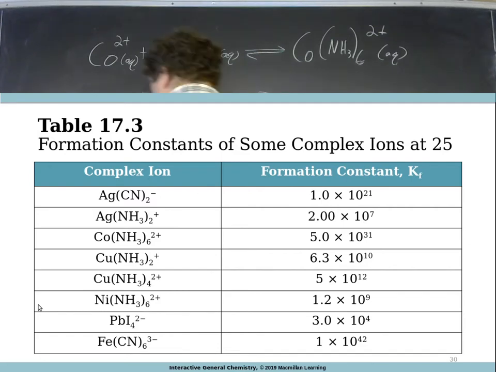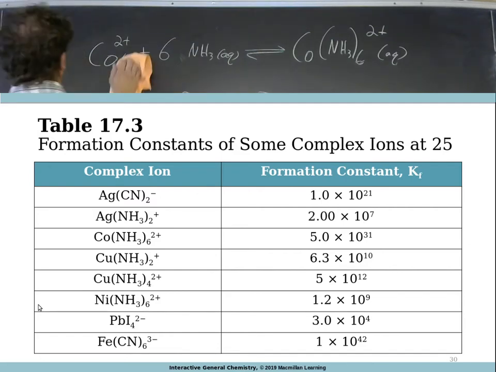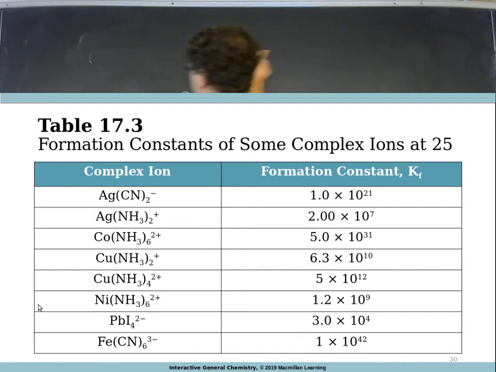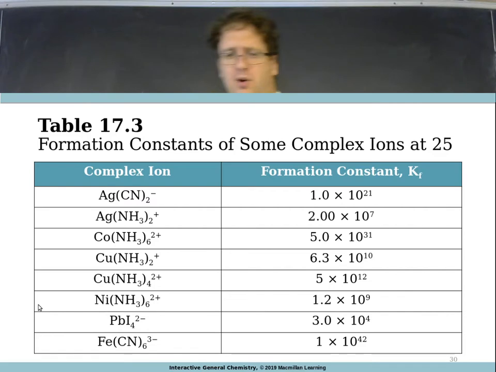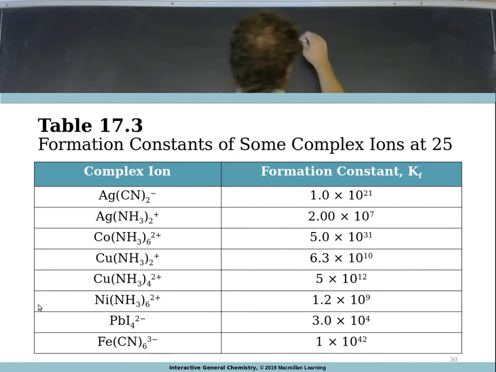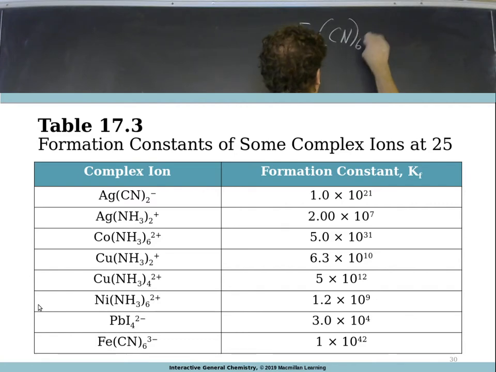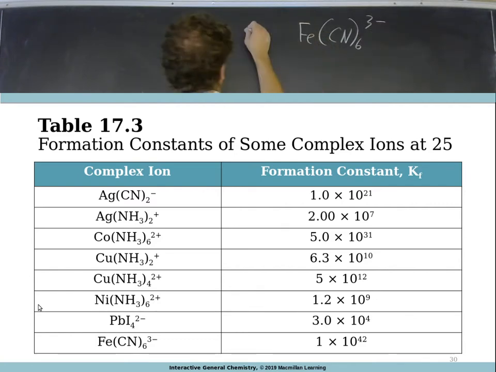So let's pick the bottom one, the iron hexacyanide, and let's try to work backward to create a chemical equation and an equilibrium expression. So our product is Fe(CN)6 3-. This is going to be an equilibrium.